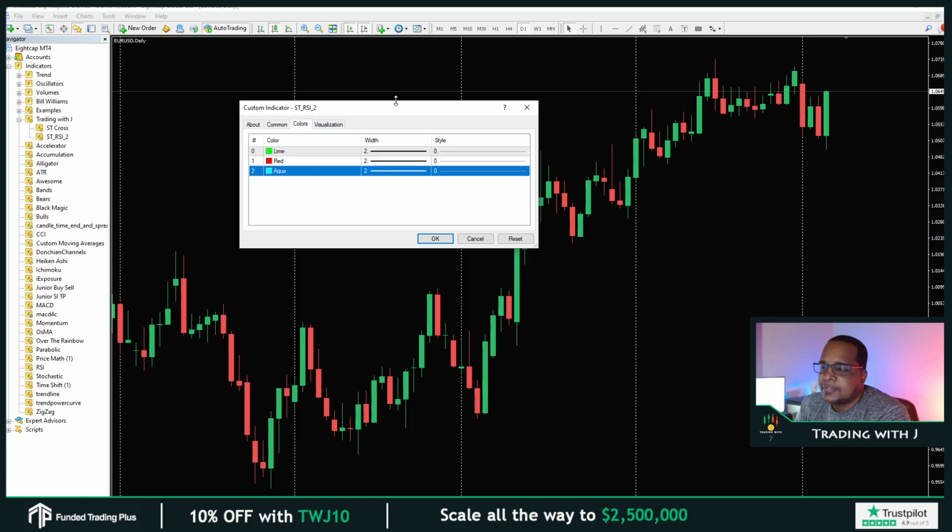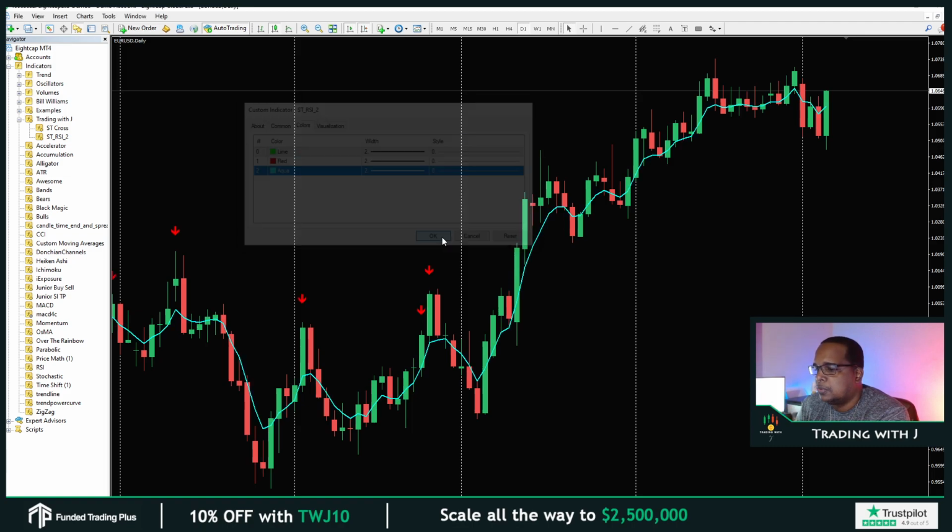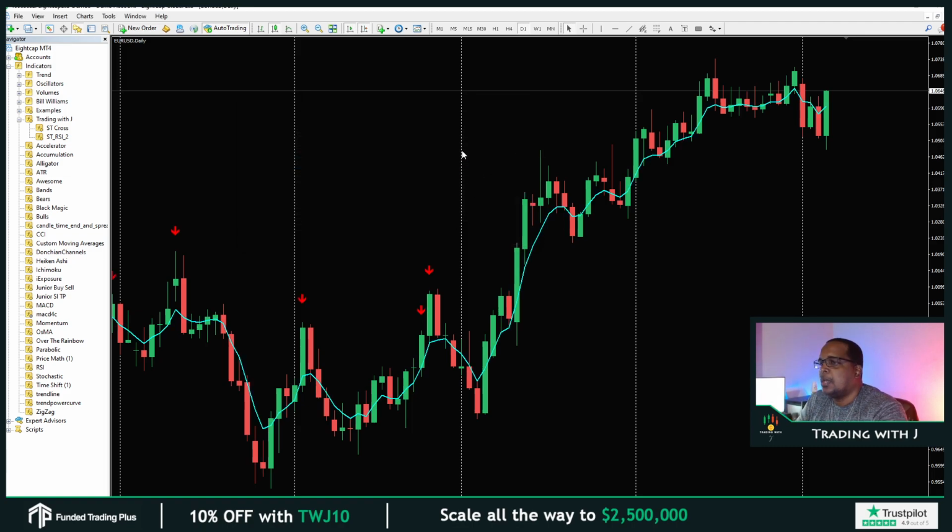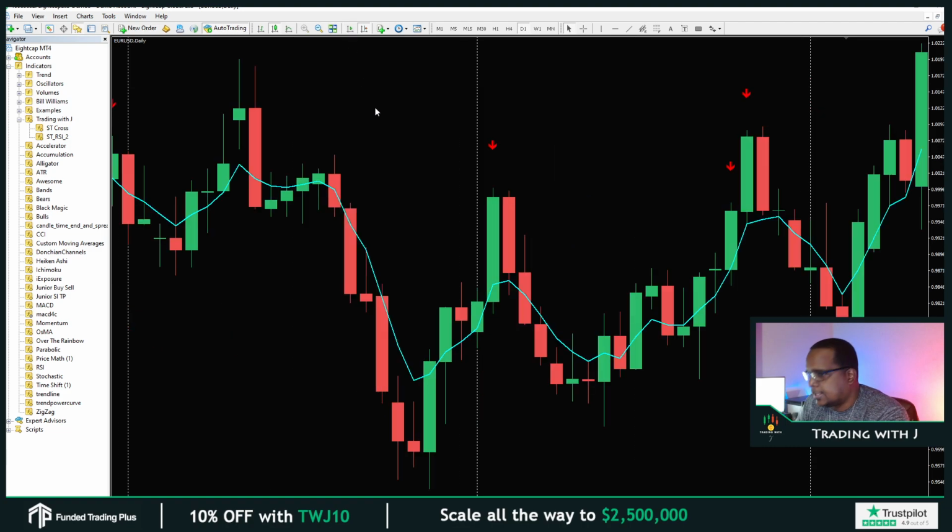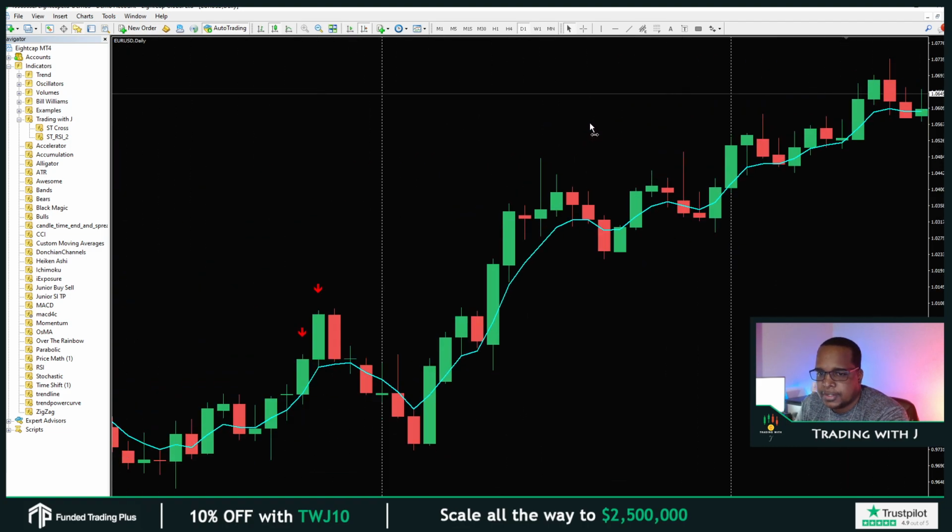The only inputs that you have access to are the colors of how the indicator plots. I didn't want to make it where people could start complicating themselves and changing a lot of stuff. We're sticking with the root strategy here. So let's just load it up and we will take a closer look at some of the trades.